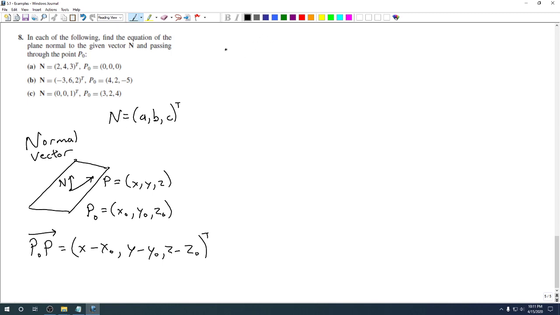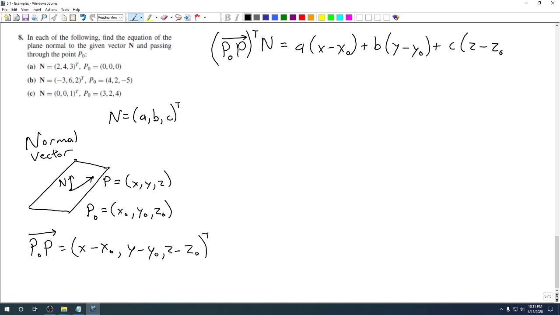So what is the inner product, or the scalar product, of these two vectors? So I guess this vector transposed times n. Well, we're just going to take x minus x0 times a, or I'll put the a out in front. And then we have b times y minus y0. And then we have c times z minus z0.